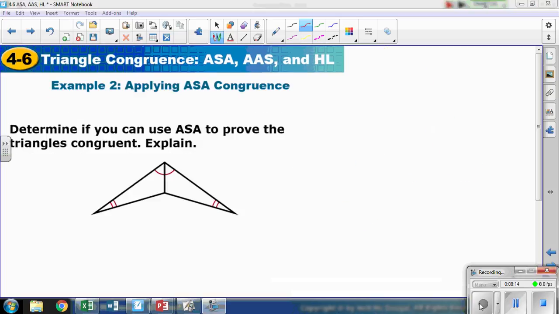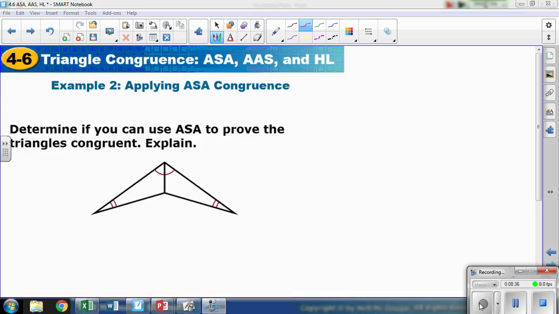Now continuing, one of the other pieces that we'll note: a lot of the problems that you have are not going to actually ask you to prove something. I want to make certain that you pay attention to what the directions ask, because we've seen when the directions say explain why they are congruent, that's a proof. When they tell you prove, that's a proof.